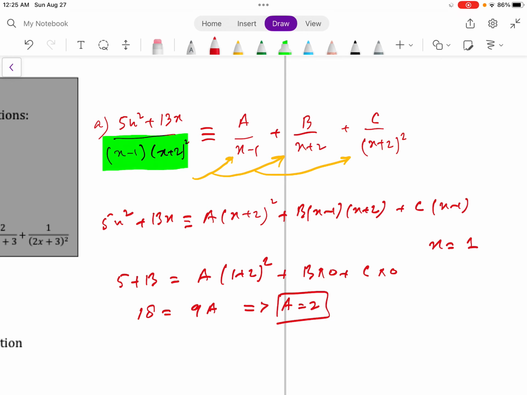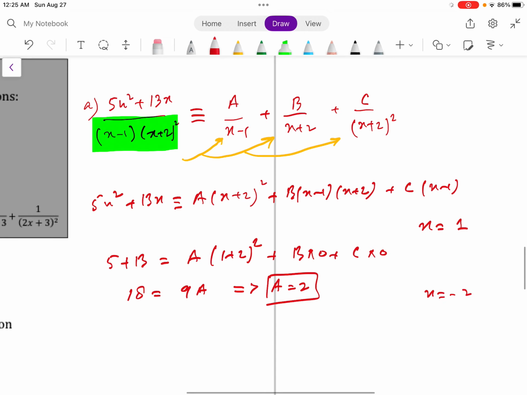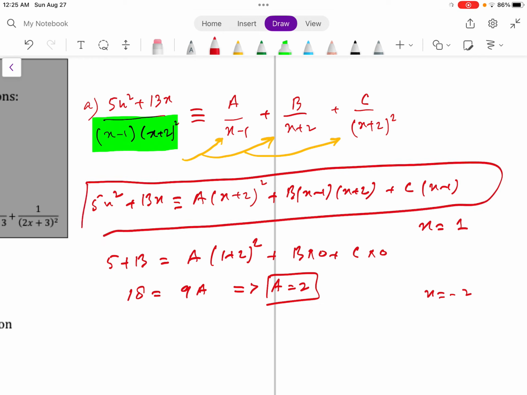Now to find the other constant, we can plug in x equals minus 2 in it. When we plug in x equals minus 2 in this identity, we are going to get 5 times minus 2 squared plus 13 times minus 2 equals A times 0 plus B times 0 plus C times minus 2 minus 1.